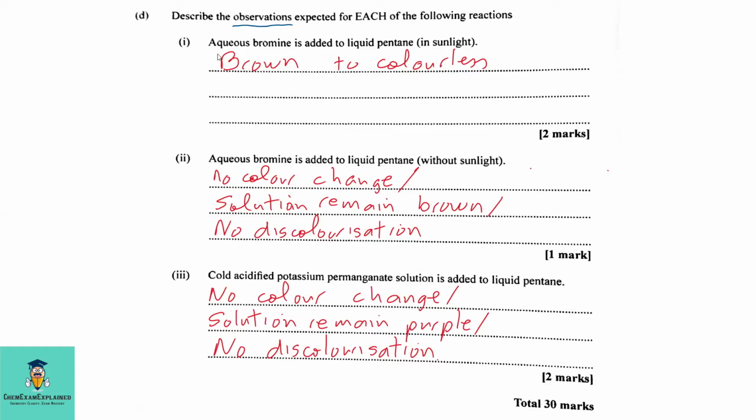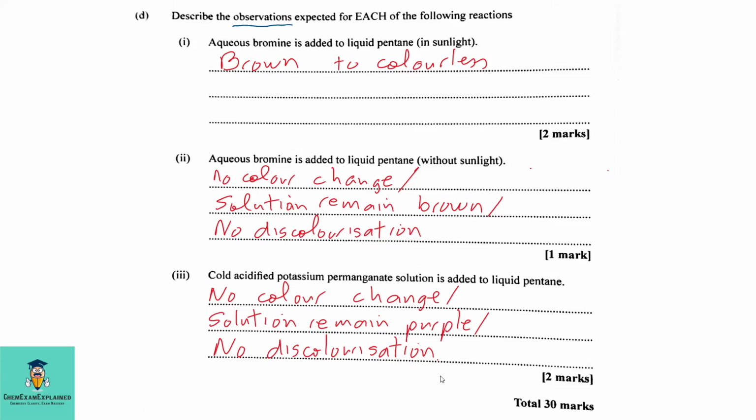So when we react our bromine with pentane, we are going to substitute a H with a Br, and that would cause the brown bromine to become colorless.